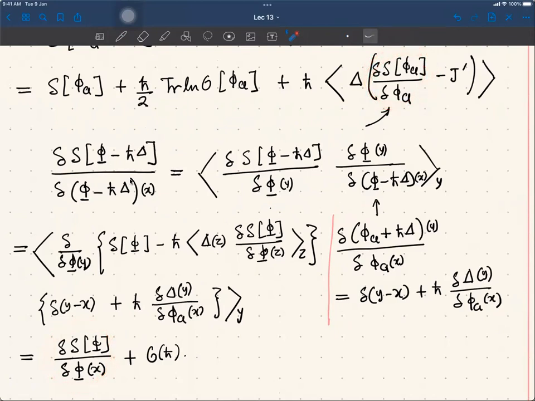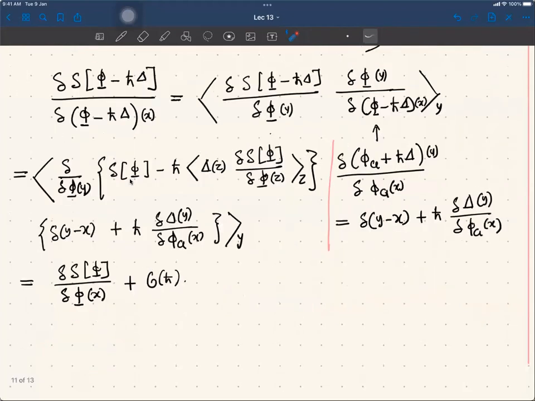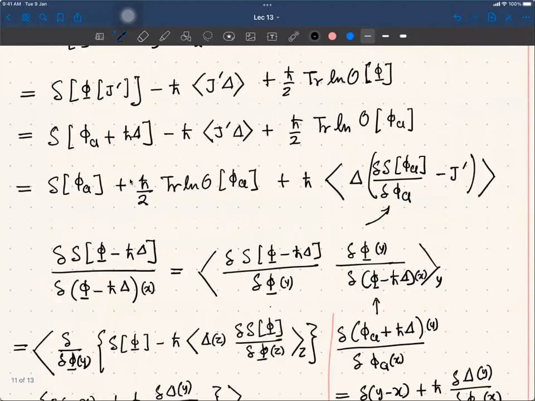This derivative with respect to phi cl of the s classical is the same as the derivative with respect to phi lower bar of s calculated at phi lower bar, and this is nothing but j prime because of the classical equation of motion.